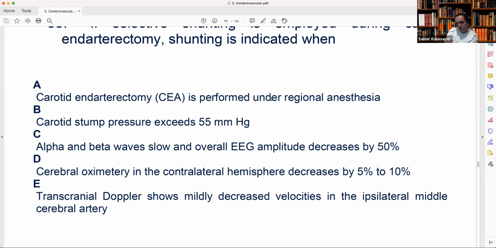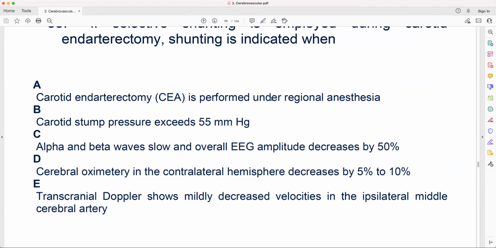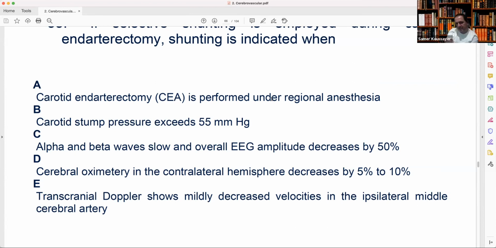The question is tricky, because shunt is not completely wrong, since you may need it if the patient develops any sign of aphasia, becomes restless, or weakness, then you have to shunt him. But what they are trying to say here is that under general anesthesia you have something else to watch, unlike regional anesthesia. So this is not a good question, but this is wrong.